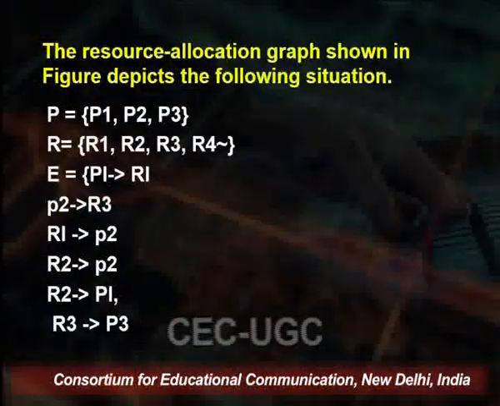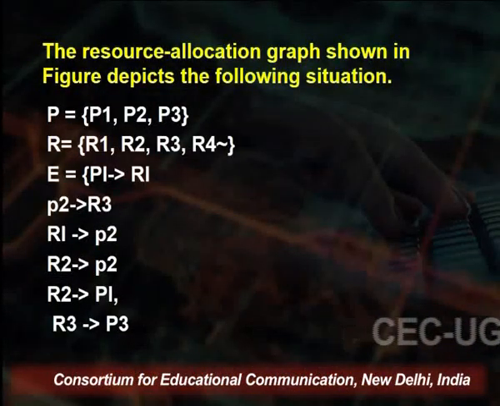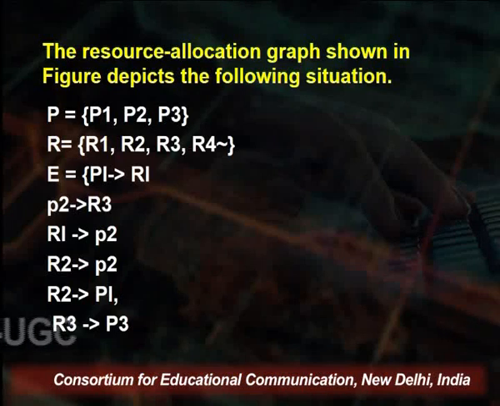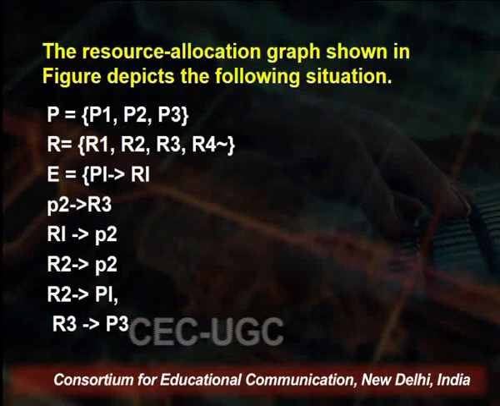So, here we have 2 resources with a single instance and 2 with multiple instances. In case of R2 we have 2 instances, and in case of R4 we have 3 instances. Apart from that, we have 3 processes here named P1, P2 and P3. When we represent P1, P2 and P3 in a resource allocation graph, what kind of assignment edges or request edges are there?